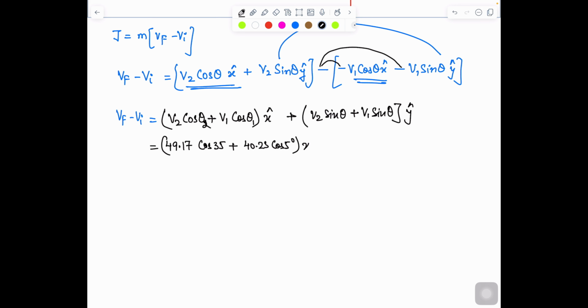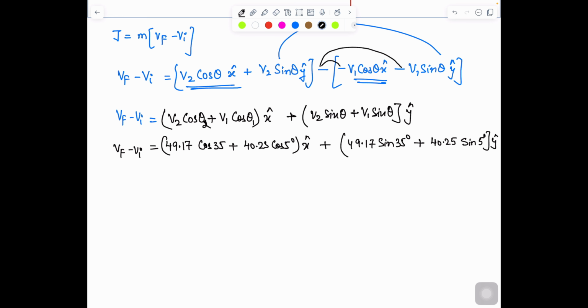Clear? X cap plus V2 49.17 sine of 35 degree plus V1 40.25 sine of 5 degree y cap. So you will get Vf minus Vi.